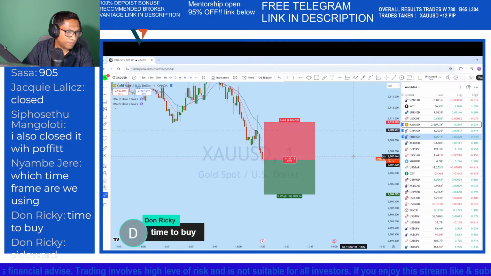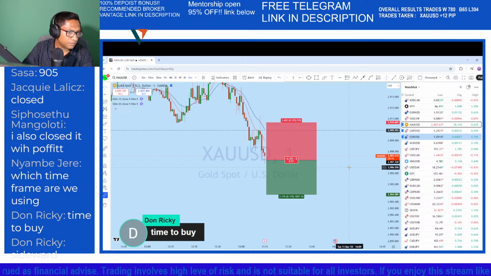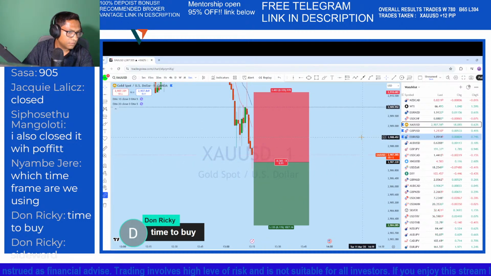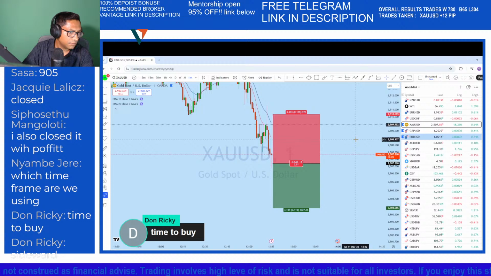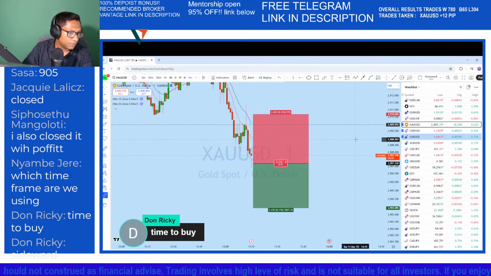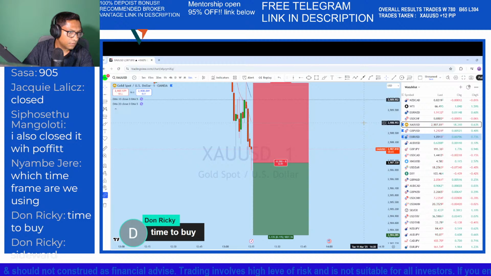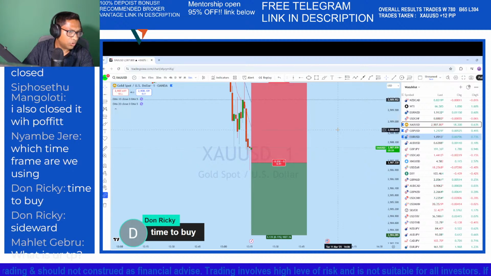And so there is a narrow doji formation.